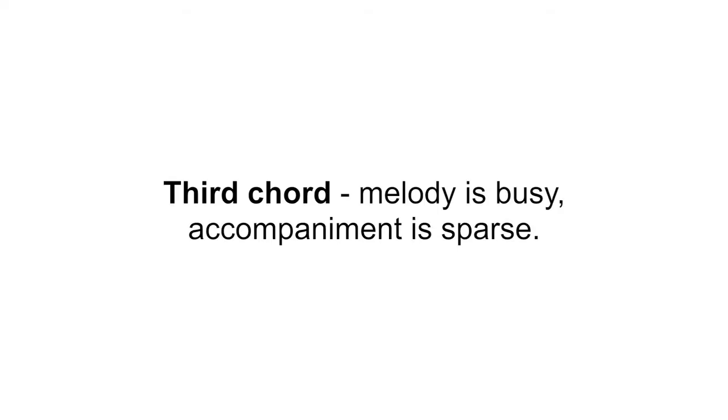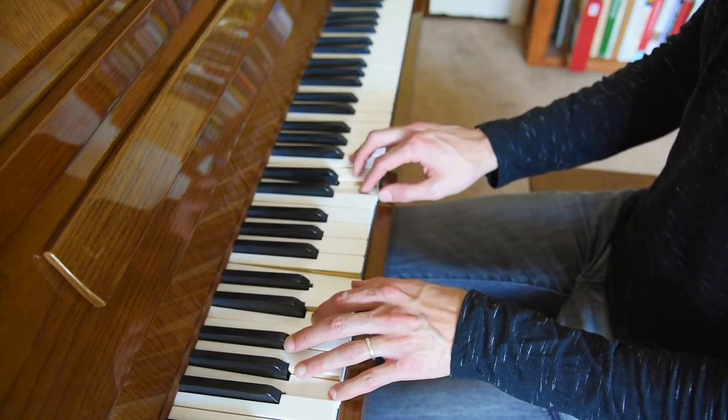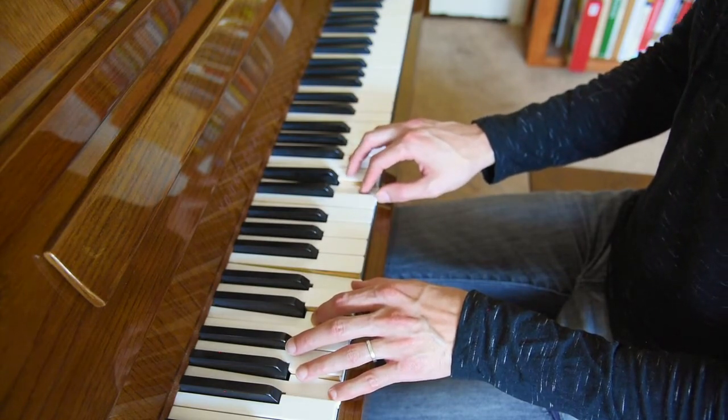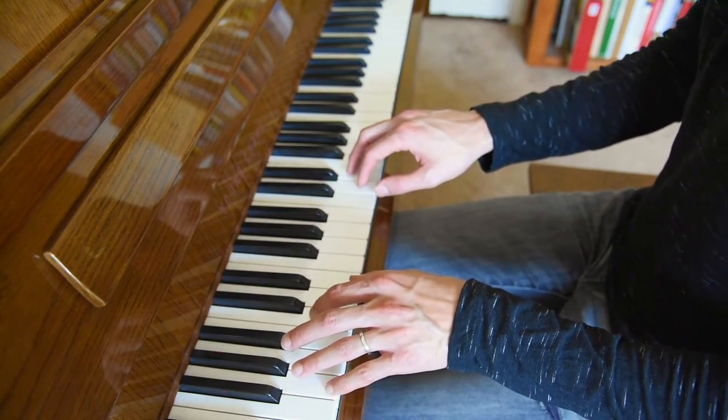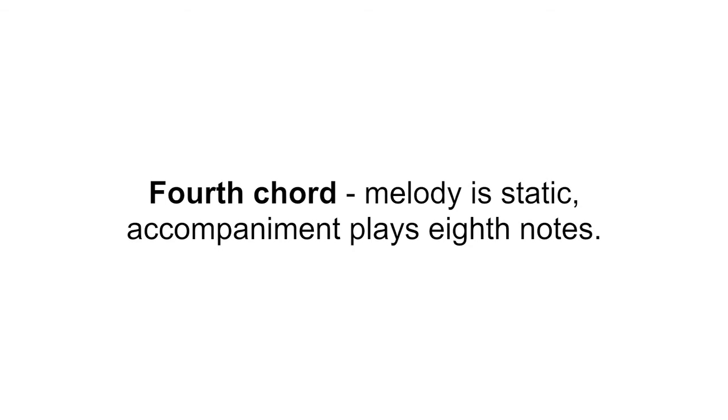On the next chord, again, the melody is a little busy in the right hand, so my left hand plays a whole note. On the final chord, the melody is holding down a whole note, so at the end of the phrase, my left hand plays a small chromatic eighth note figure that leads back into the A minor chord.